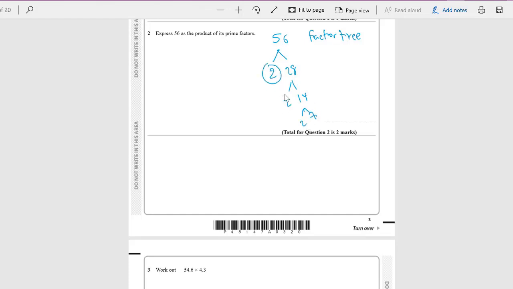We circle the 2s and circle the 7 because now we've ended up with prime numbers, which can no longer be broken down. So how many 2s do we have? 1, 2, 3. So 2 times 2 times 2, and then we have 7, which equals 56. So we can write this as 56 equals 2 to the power of 3 times 7. So either way.